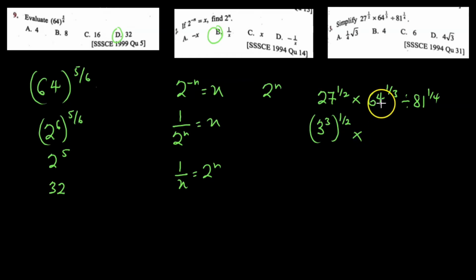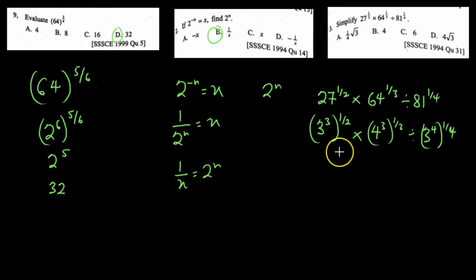Then the 64, since it's having a power of 1/3, we can write 64 as a base of 4, so we have it as 4 to the power 3, all to the power 1/3. Then dividing 81, we can write it as 3 to the power 4, all raised to the power 1/4.